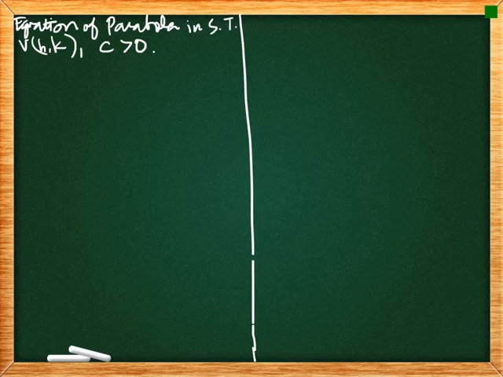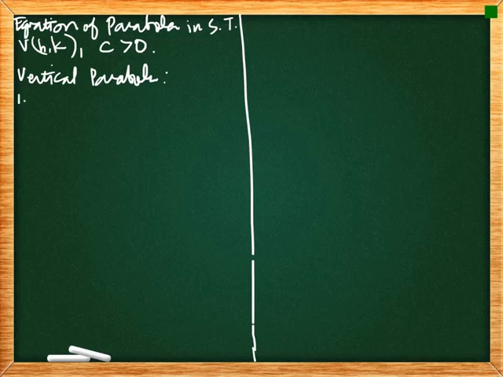So we have the standard form of the equation of a vertical parabola, that one which opens either upward or downward. Okay?